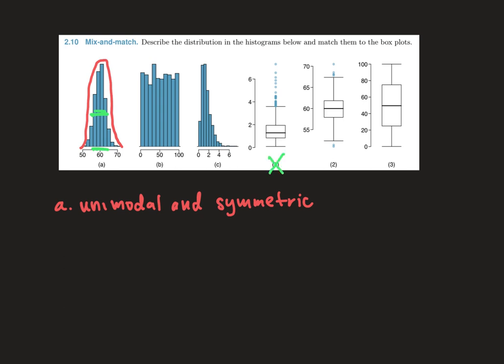It's got a lot of values above the middle and not very many below. That's not symmetric. 2 and 3 are both symmetric, but number 2 has not a very large range from the median to the third and the first quartile. That means there are a lot of values packed in there, which goes along with having these high histogram bars towards the center. So number 2 is the box plot that goes along with histogram A.